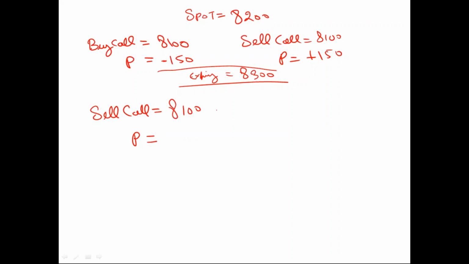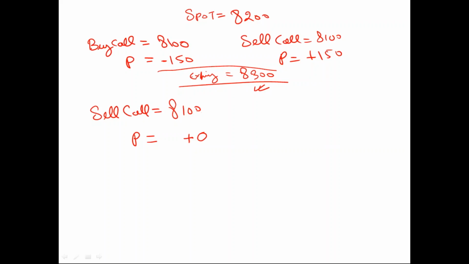Remember, the premium is the intrinsic value plus time value. On the date of expiry, time value is 0, and the premium would be the intrinsic value. The spot is 8,300 on the date of expiry, and the strike is 8,100.